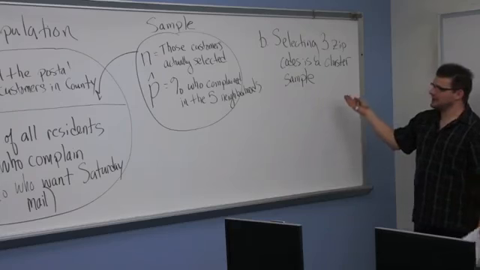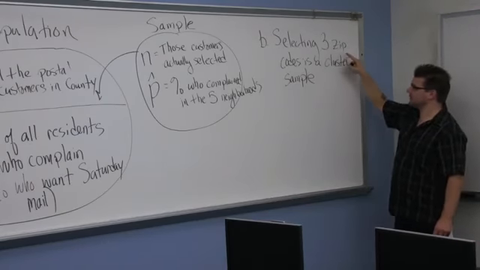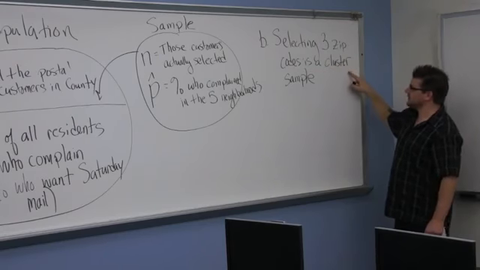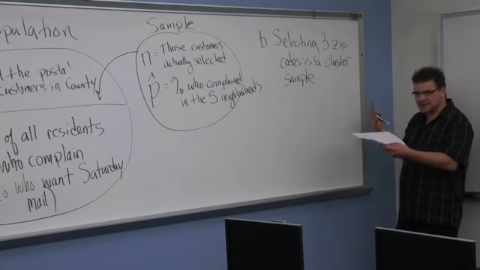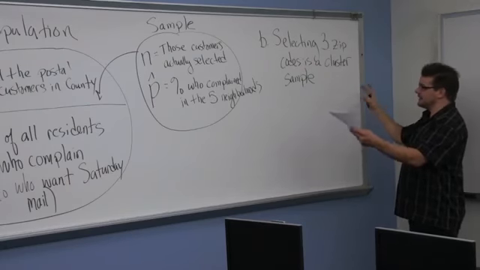So we broke the county down into groups, and those groups were zip codes. And now we're picking 3 of those. And we can call this a cluster because the first stage of this sampling process, we're basically taking the whole zip code as it is.